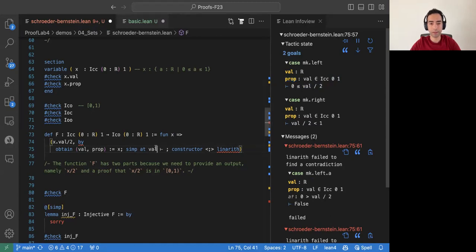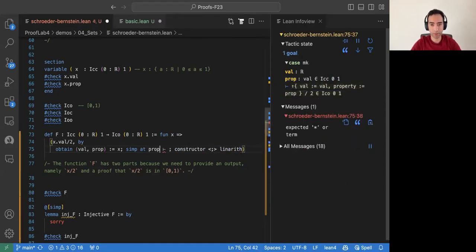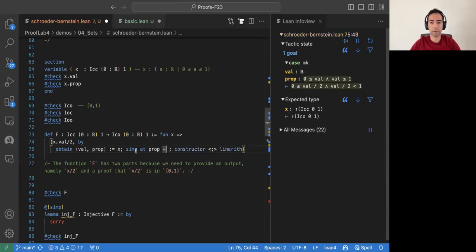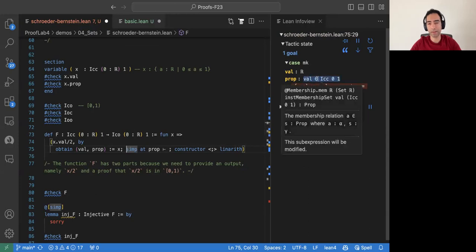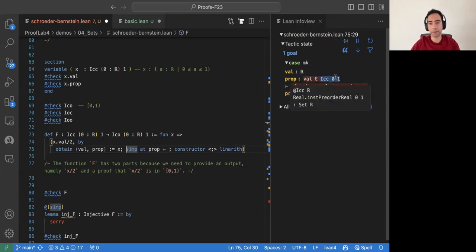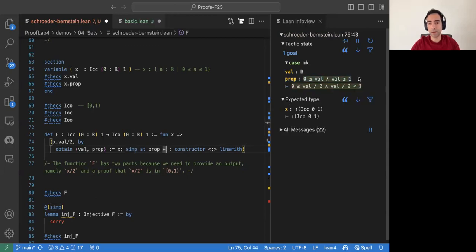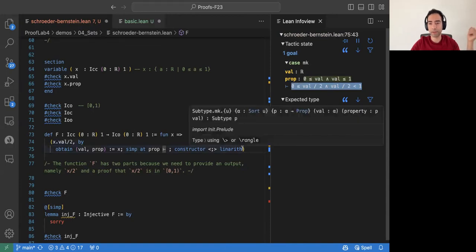So maybe instead here, I want to simplify it at prop, because you see, prop is quite complicated. It says the value is between 0 and 1, and I want to simplify that to an inequality. And that's what it does, right? And I'm using now this inequality to prove this one. And that follows from this linear arithmetic, essentially.